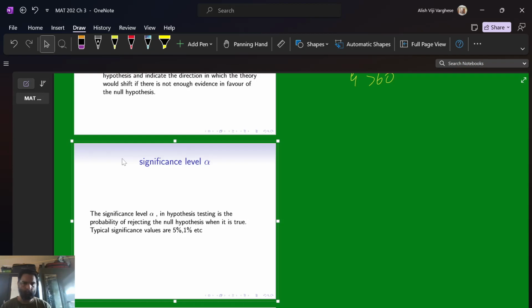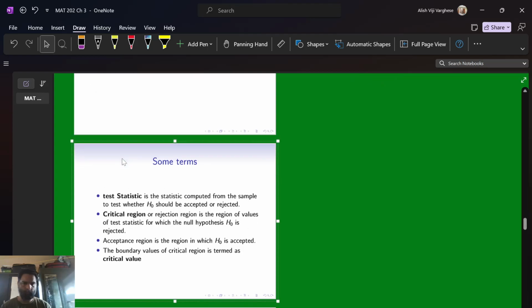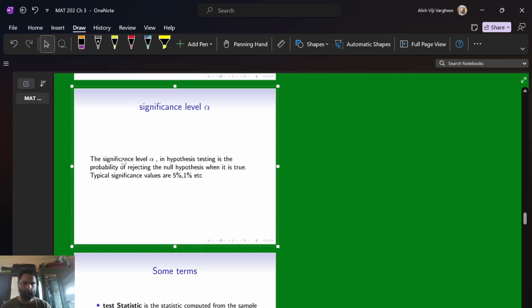And usual values of alpha, the significance level, is 5% or 1% or something like that. There's a small probability of rejecting a null hypothesis when it is true. So the lesser the value of significance, the better our result.